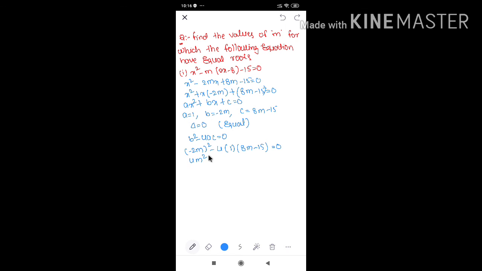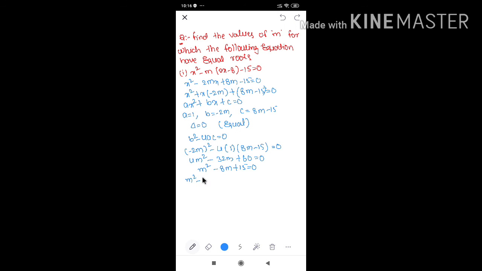Minus 2m whole square goes to 4m square minus 4 8s are 32m plus 60 is equal to 0. Here I can take common 4, m square minus 4 8s are 32, 8m, 15 4s are 60. Now factors 3 and 5.